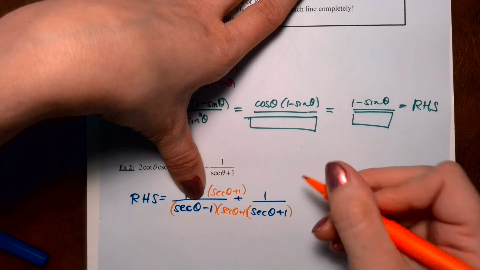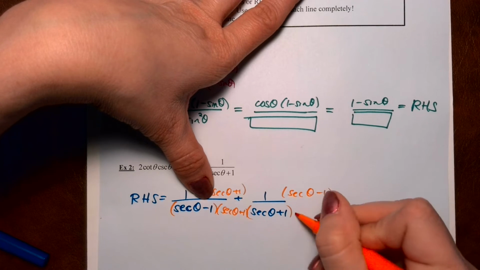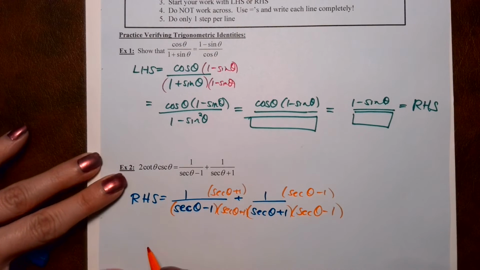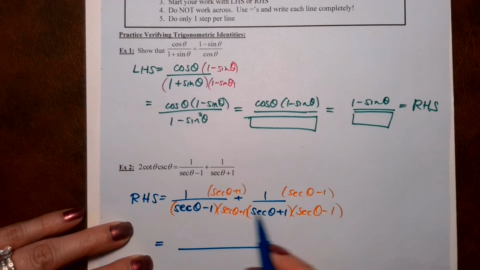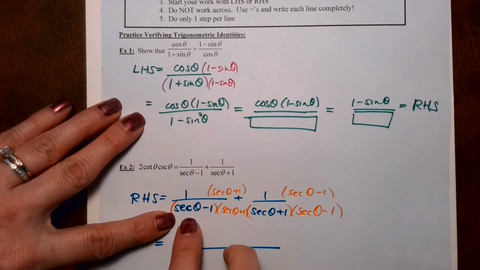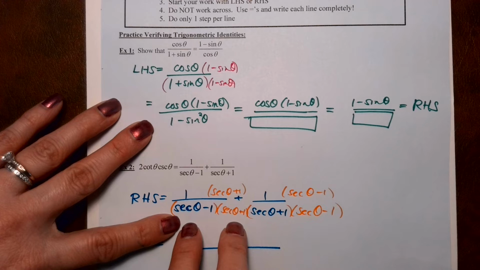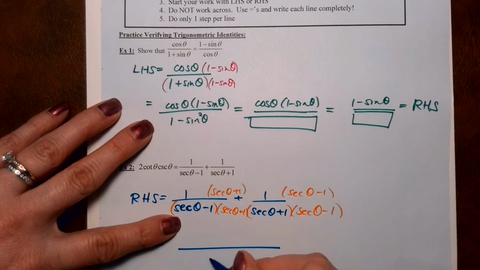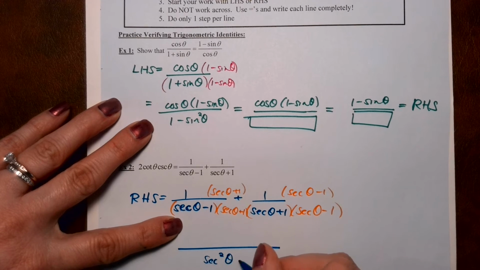This fraction needs to get the other quantity, secant of theta minus 1, secant of theta minus 1. So the common denominator that we just made was secant theta minus 1 times secant theta plus 1, which are conjugates, makes the difference of squares. Secant theta squared minus 1.